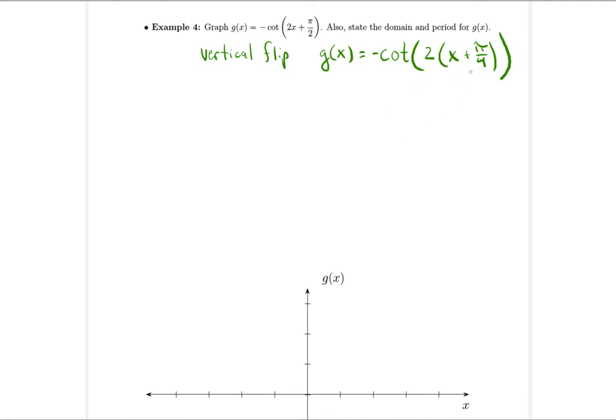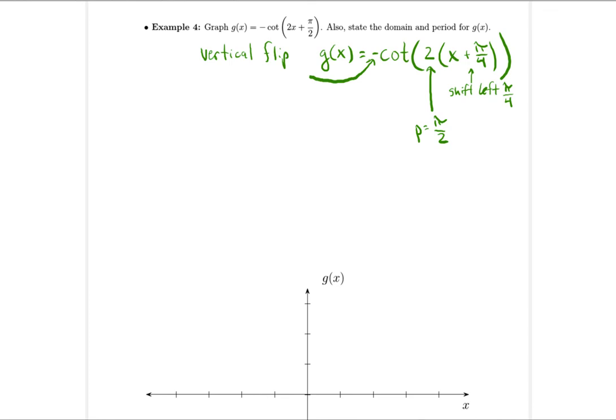So this is going to be a shift to the left, pi over 4. And again, cotangent has a period of pi, so the period is pi over 2, just like our last problem. And then we've got our vertical flip, right?